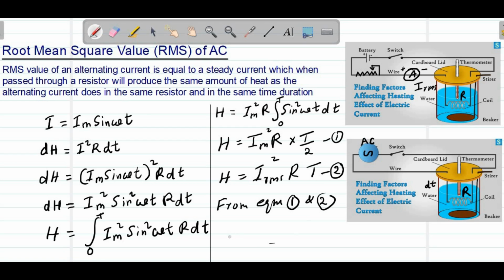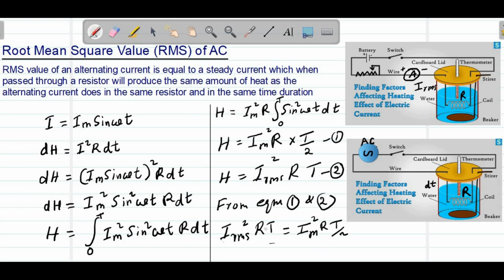From equations 1 and 2, we can write IRMS square into R into T is equal to, from equation 1, Im, the peak value of current, square into R into T by 2.